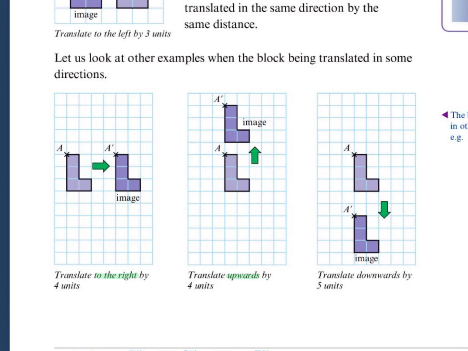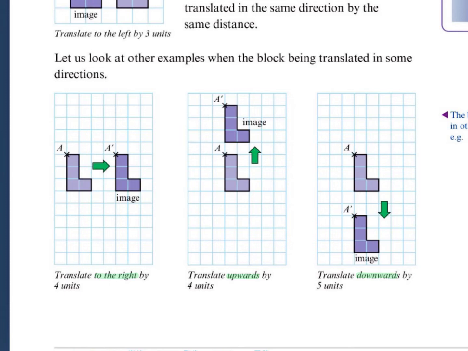And for the third example, translate downwards. You can also see original point A translated downwards 5 units to the new position. We call it also A prime, the image of the original point A.